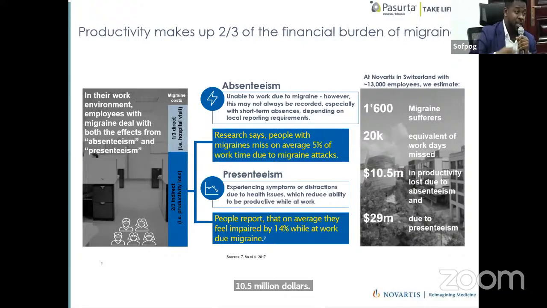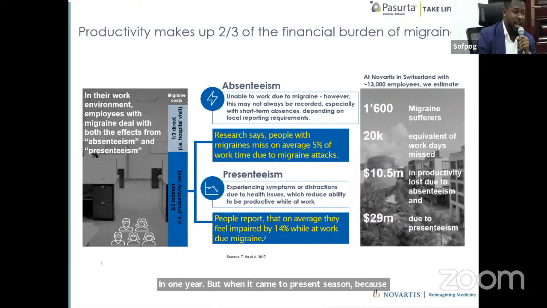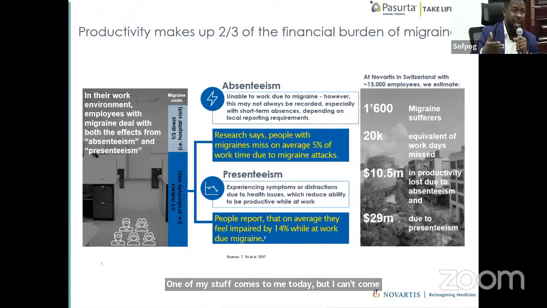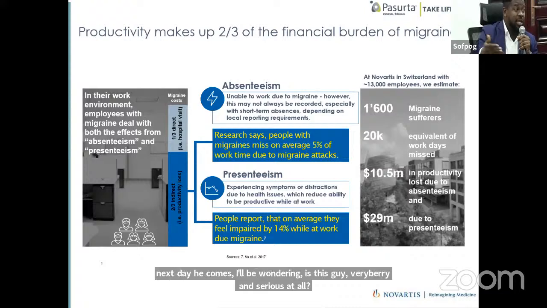But when it came to presenteeism, because when you have migraine, I'm just imagining maybe I'm a boss in a small photocopy firm. One of my staff comes to me today, boss, I can't come to work. Why? I have the headache. The next day he comes, I'll be wondering, is this guy very, very serious at all? And that is how we downplay the importance of migraine.